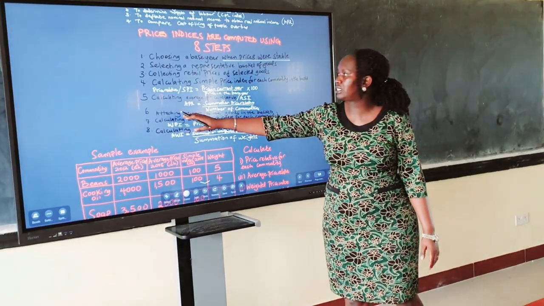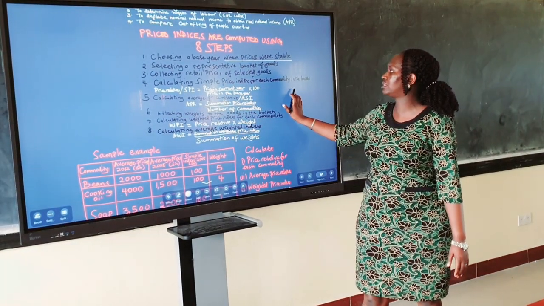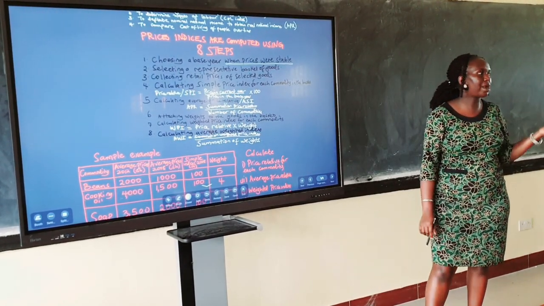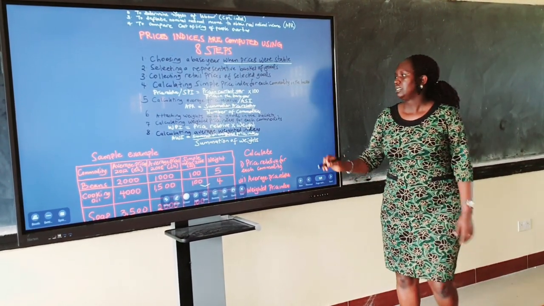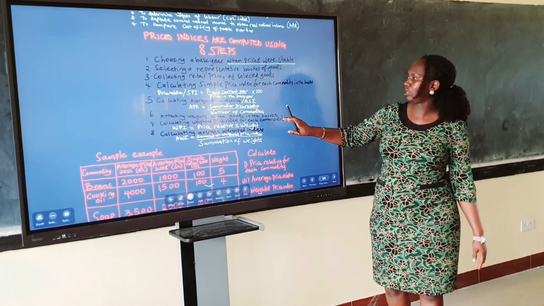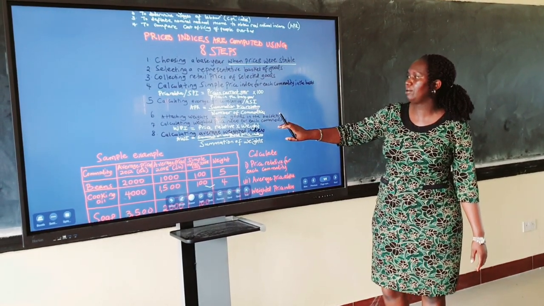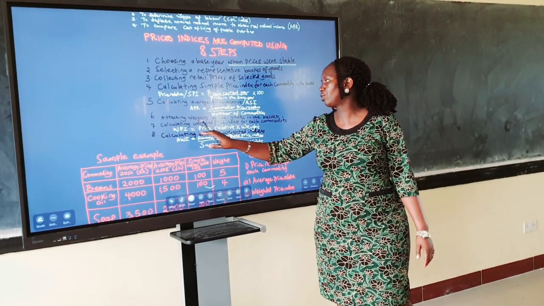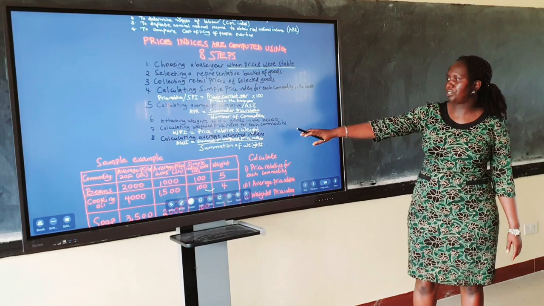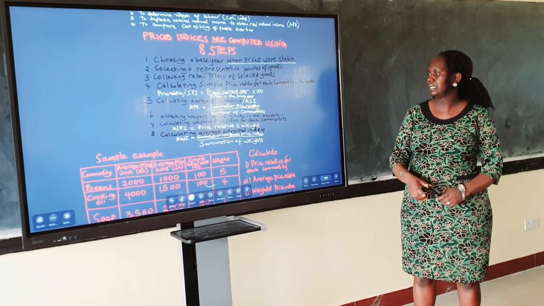The next step, which is step 6, we attach weights. So we are attaching weights of commodities which are in the basket. Then we calculate the weighted price index using that formula which you see here. And then finally we calculate the average weighted price index using that formula which you see here.